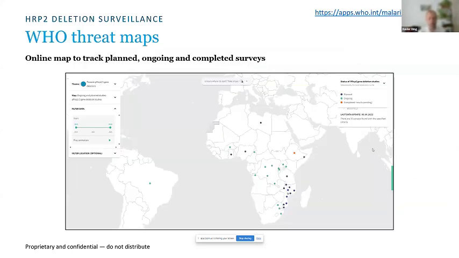WHO hosts these so-called threat maps, where they report data about different issues for malaria. One of them is this HRP2/3 gene deletion, and they have a panel about the surveys. So you can look at what surveys are being planned, ongoing, or completed, and we can see that there are quite a number of ongoing surveys or survey plans in Africa at the moment.